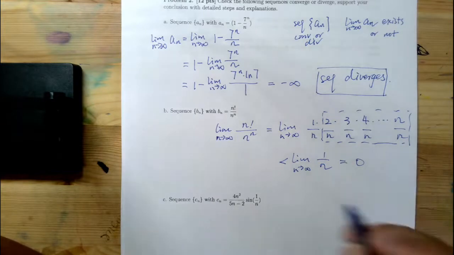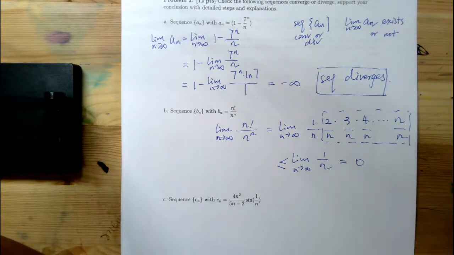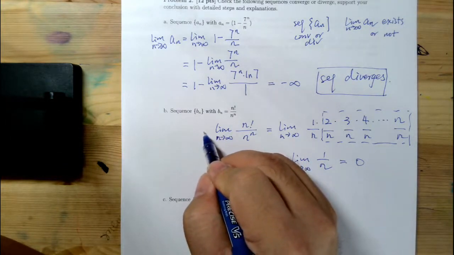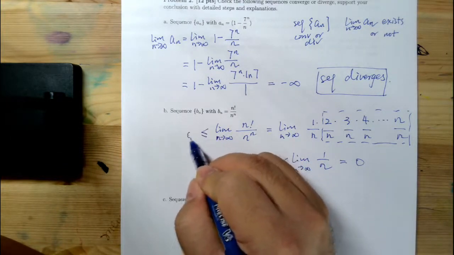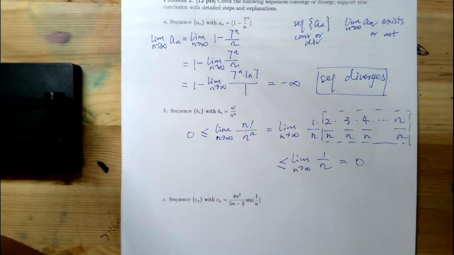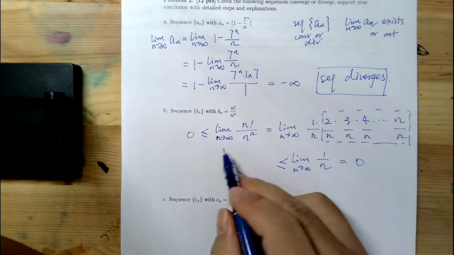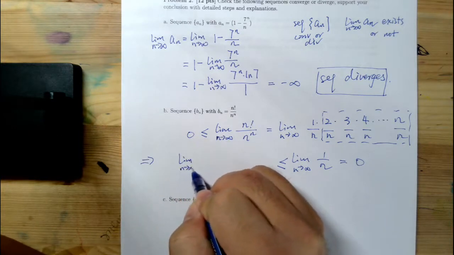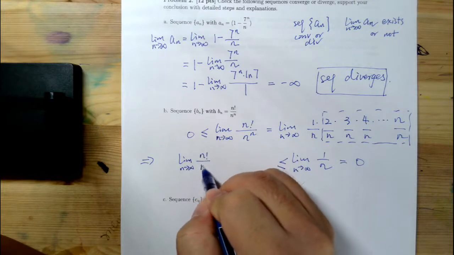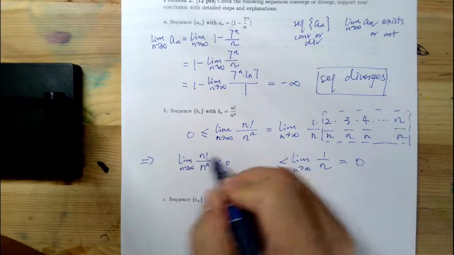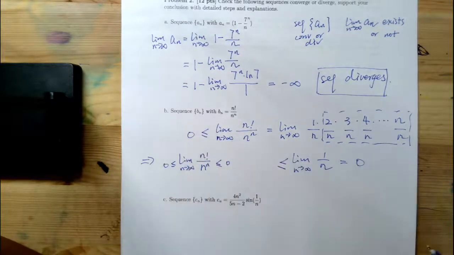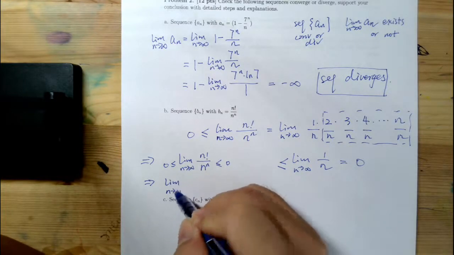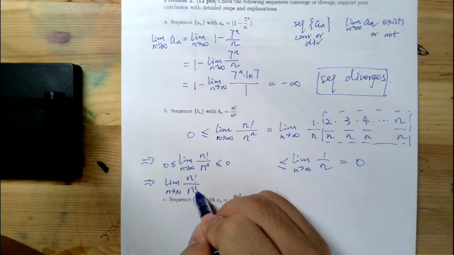Meanwhile, I also know that my b_n is greater than or equal to 0. So the limit of n factorial over n to the power n is less than or equal to 0 and greater than or equal to 0 also. That means the limit as n goes to infinity of n factorial over n to the power n must be 0, based on the sandwich theorem.